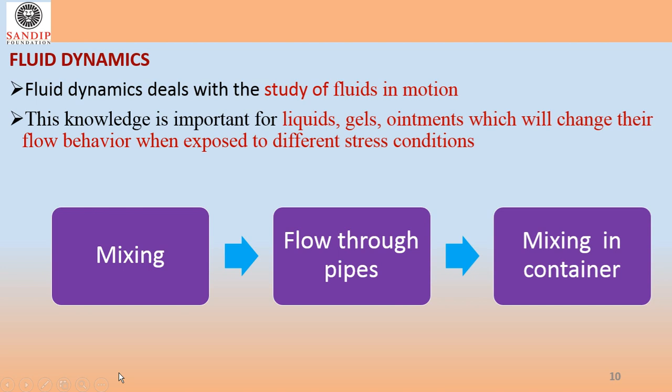Okay, and this will be very helpful in various pharmaceutical industries whenever we have to go for the mixing of various fluids, and after mixing it flows through the pipe and then goes into the container. Okay, so in that case we have to study the flow of the fluid, whether it is viscous or whether it is just thin.